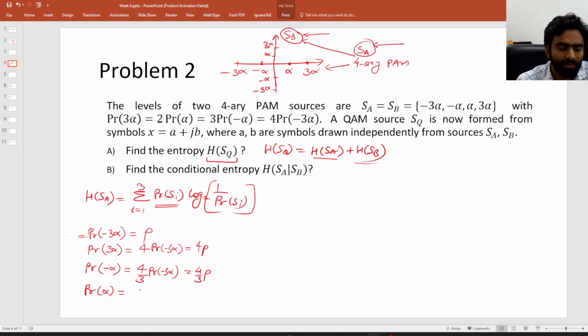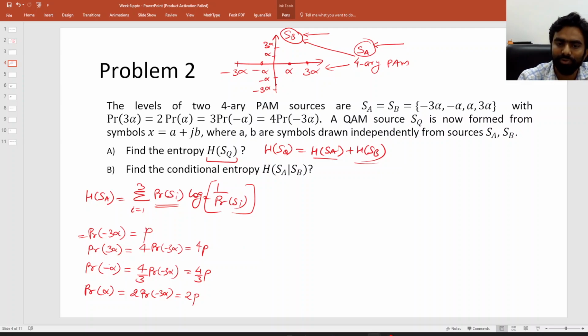What is the probability of alpha in terms of P? Nothing but 2 times the probability of minus 3 alpha. That is nothing but 2.